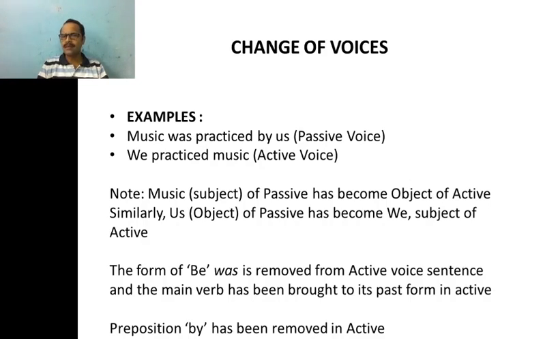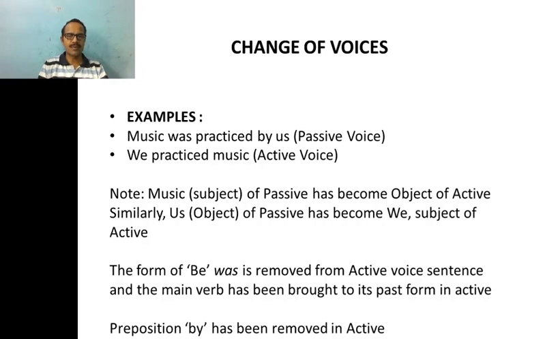Now look at the note written here. So music, which is the subject of the passive voice sentence, has become the object of active. Obviously, we practiced music. In active voice, the music has occupied the place of an object. But in the first sentence, the passive voice sentence, music is in the first position.